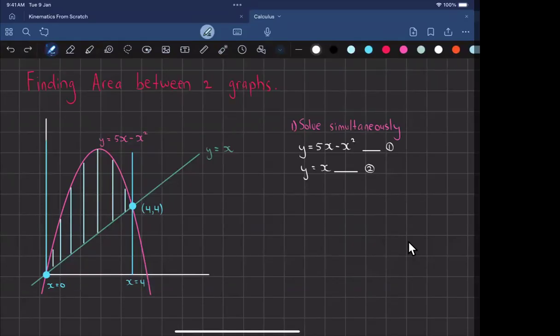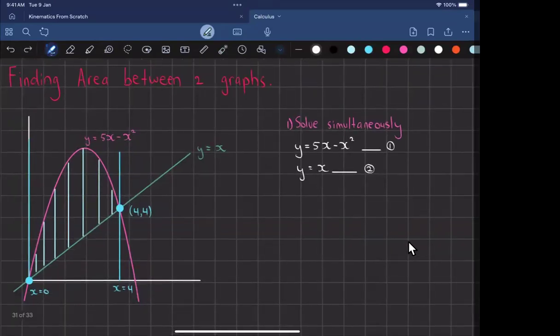So we have y is equal to 5x minus x squared, and y is also equal to x. So I could replace y with x. Tell me what to write.